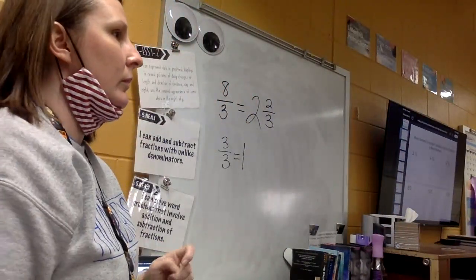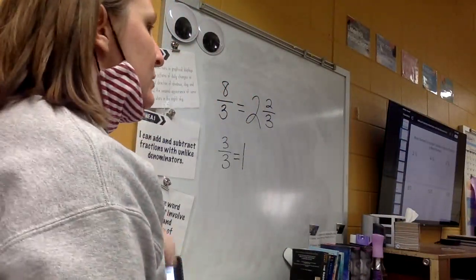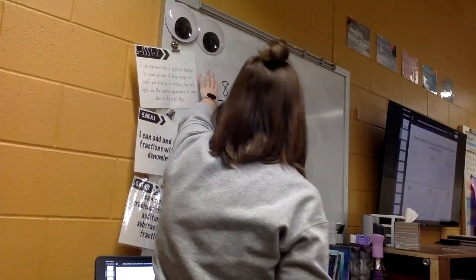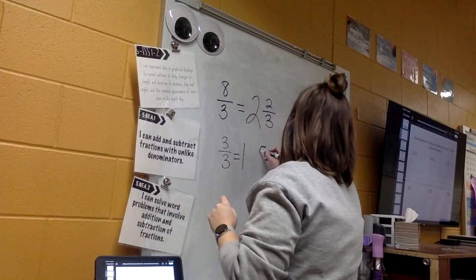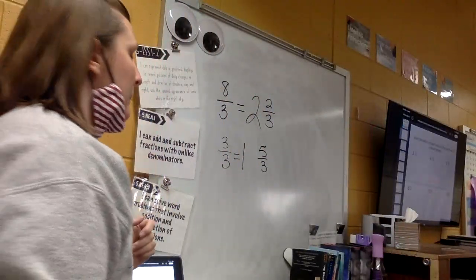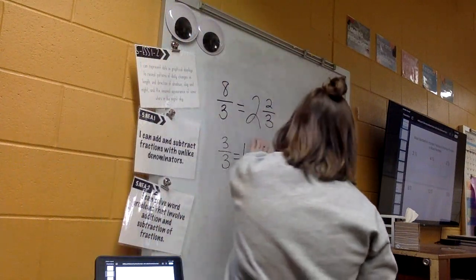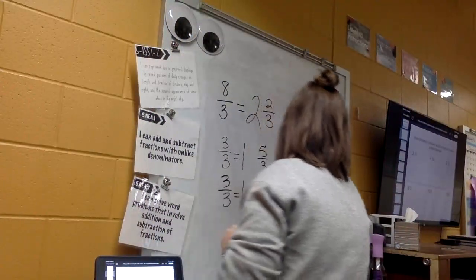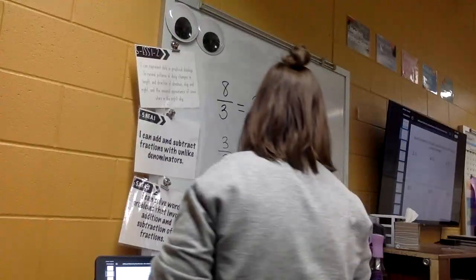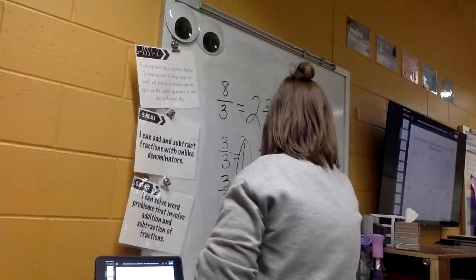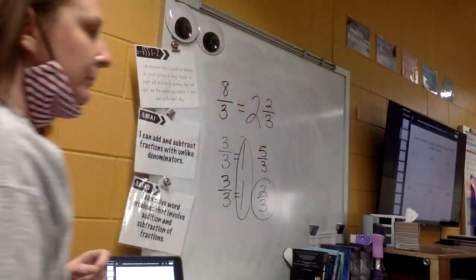So if I take away a 3/3 from here, I still have 5/3. If I take away another 3/3, then I'm left with 2/3. So I have 2 and 2/3.